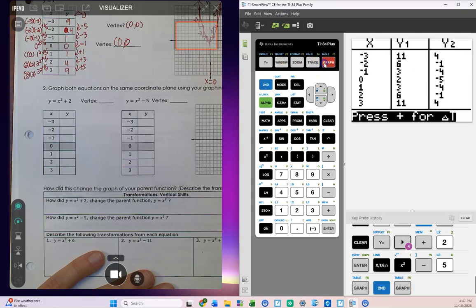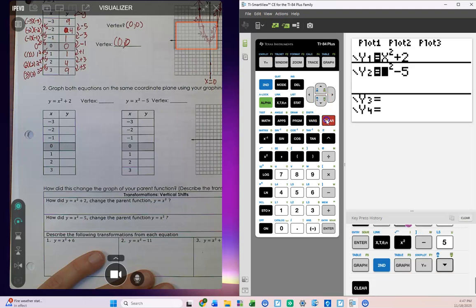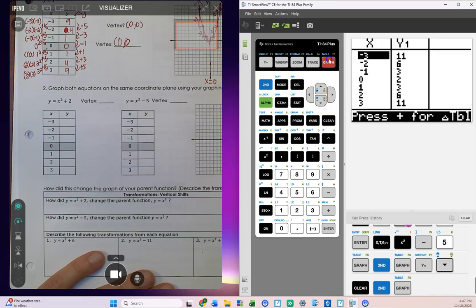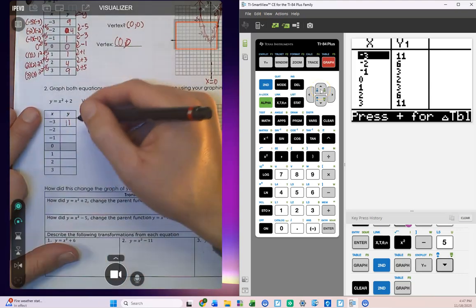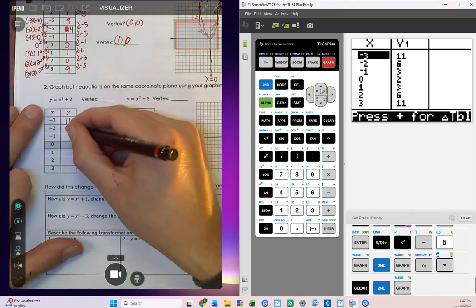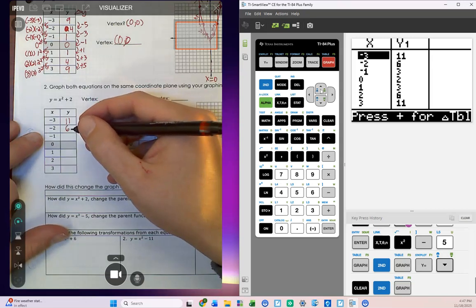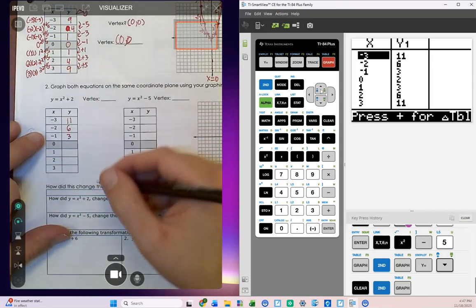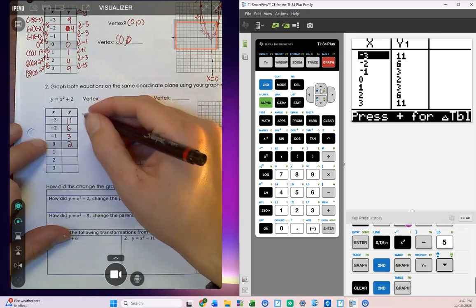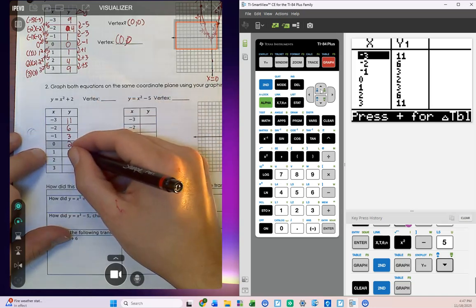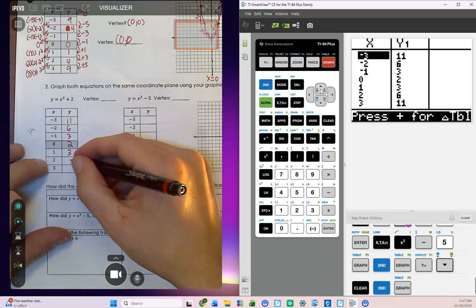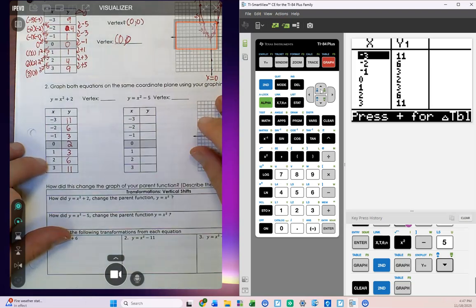Okay, let's look at the table. Now, maybe we should do them one at a time, because that gets kind of confusing. We got negative 3, 11, negative 2, 6, negative 1, 3, 0, 2. Then it starts going back up. So there's that symmetry again.